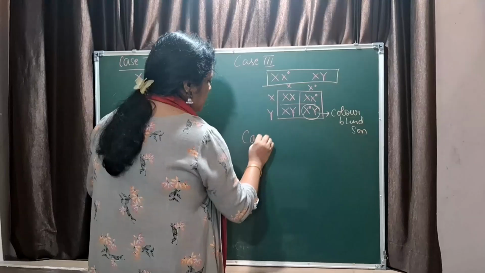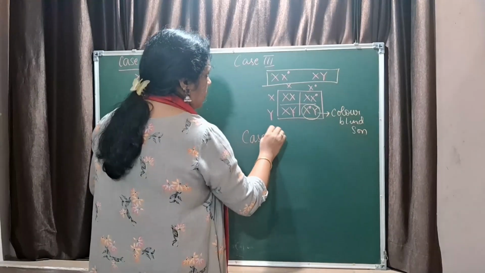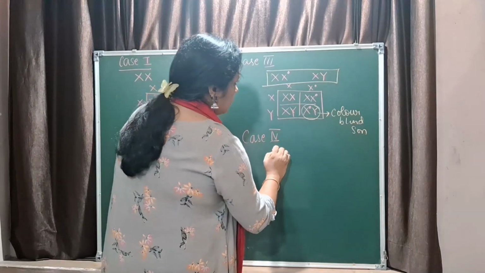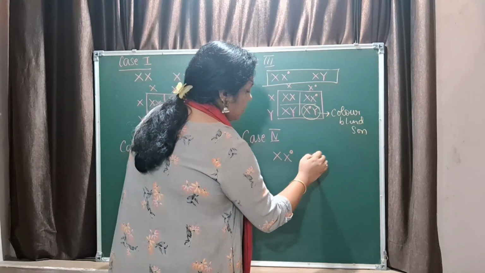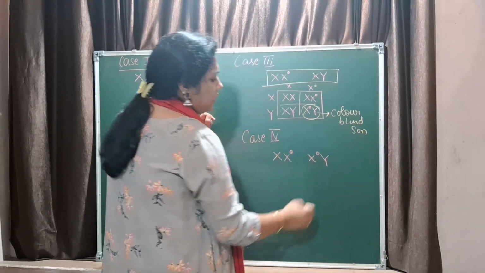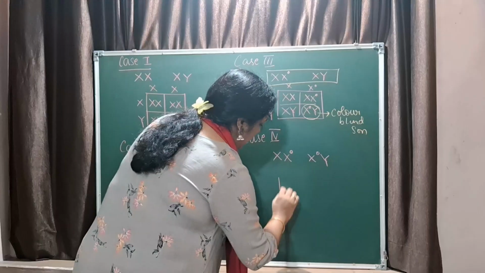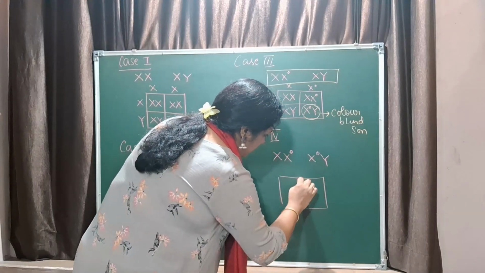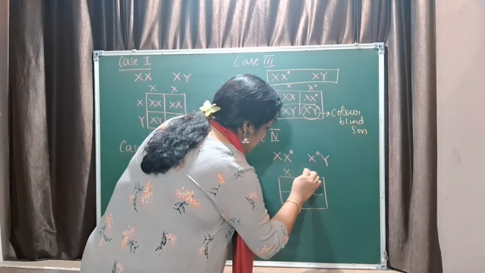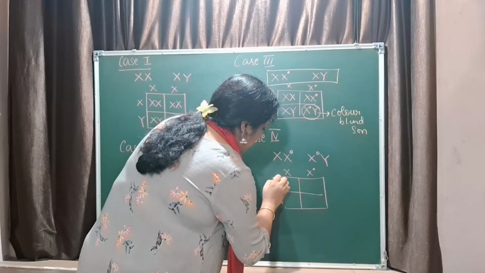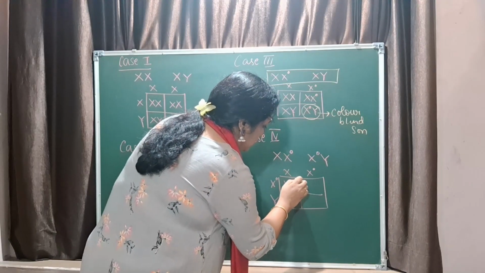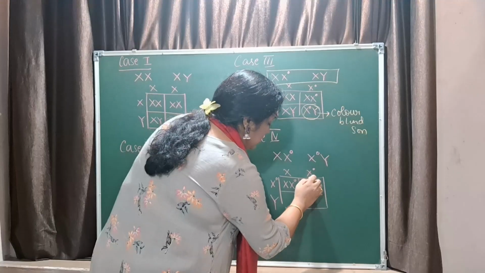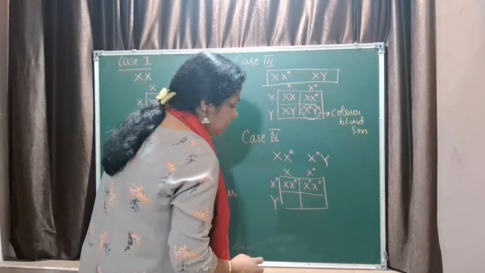Then the next case, case 4: the carrier daughter marries a colorblind man. You can see X, X naught, X naught and X. The first daughter is a carrier, the second daughter is colorblind.